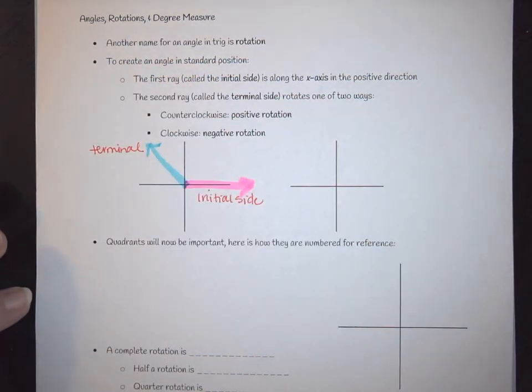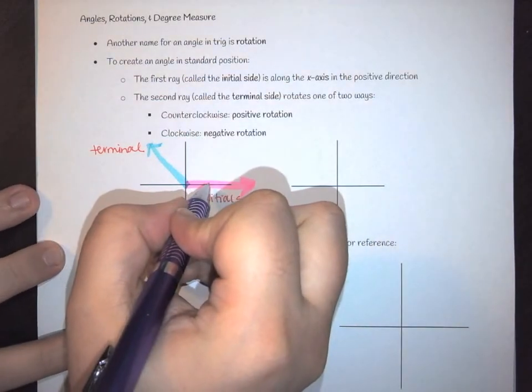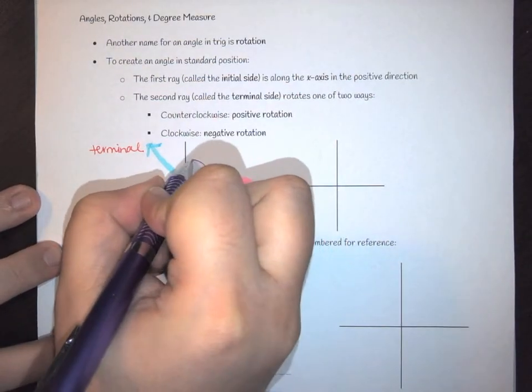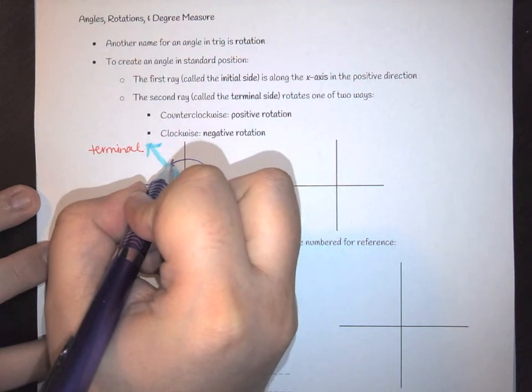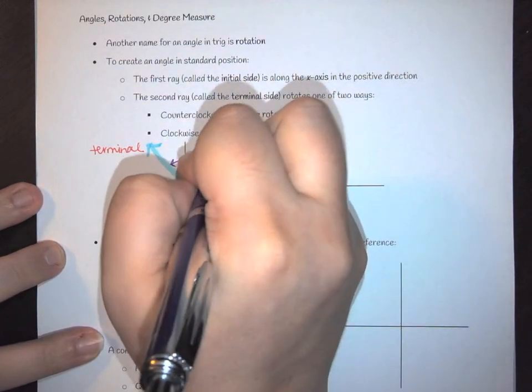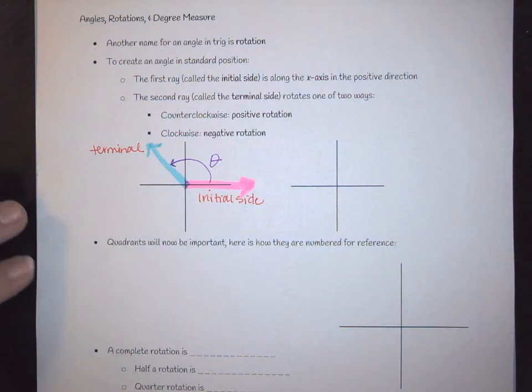And then with that, what you can see is that we have an angle. So your angle is going to go from that initial side out to whatever your terminal side is, and we label that with a theta.